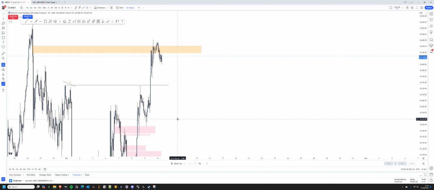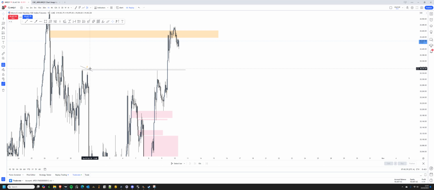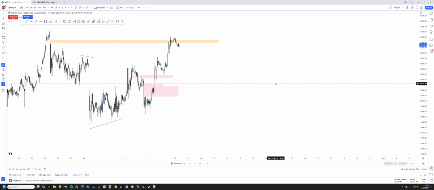Not like Monday, Tuesday, Wednesday, which were quite clear, but now my original draw for the week has been taken for the upside. I've just got to wait and see what price does. I'm hoping that we move down here, that gets inverted, start moving down further, this one breaks, and then on Friday I'll be gunning for these lows.